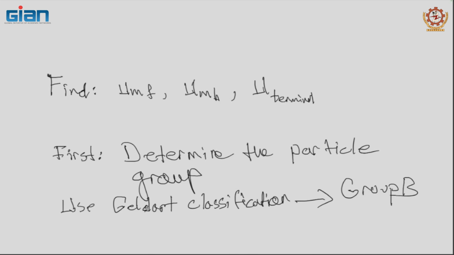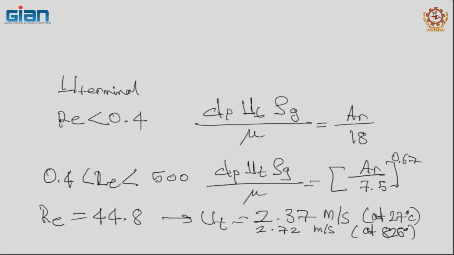So you remember the chart? I said this is the Geldart classification, and you have the properties there. From that chart, you will realize that for a given particle size and density, this belongs to the group B particles. To calculate minimum fluidization, I said terminal, but it should be minimum.